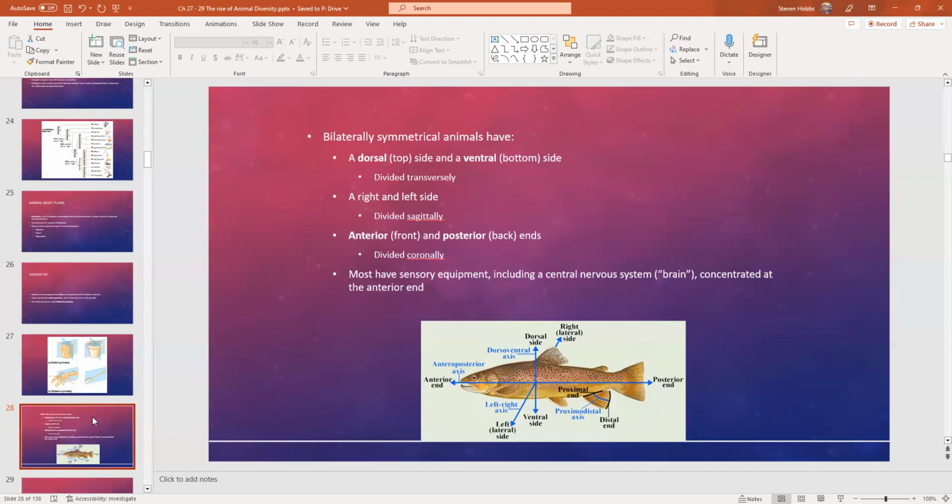So you're actually going to divide straight down the middle of the body, start from the head, work your way down to the tail, and you're going to separate that left and right. Whereas the anterior and posterior, or the front and back ends, are divided coronally. In human beings, a coronal suture runs across. If you would place a crown on your head, where the front portion of that crown would sit on top of your head, that line is the coronal suture, and it's going to divide the anterior portion from the posterior portion.